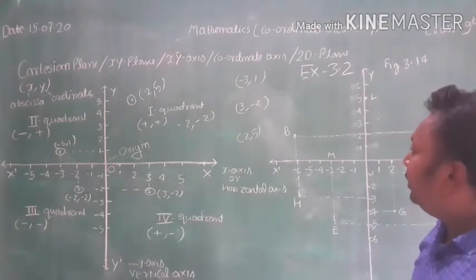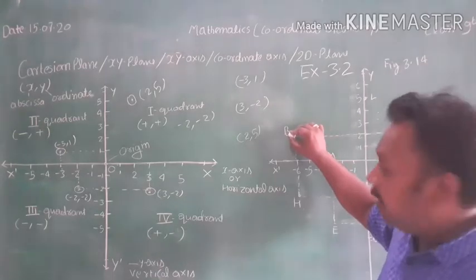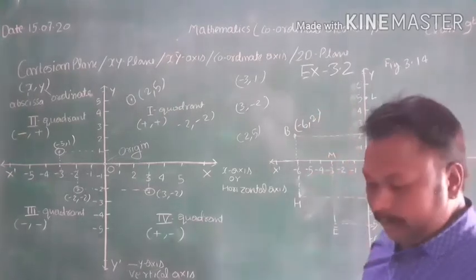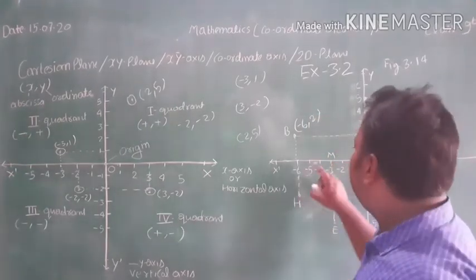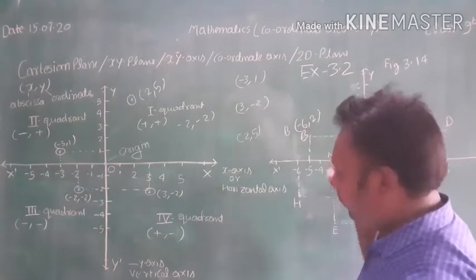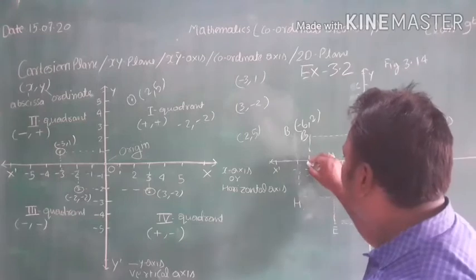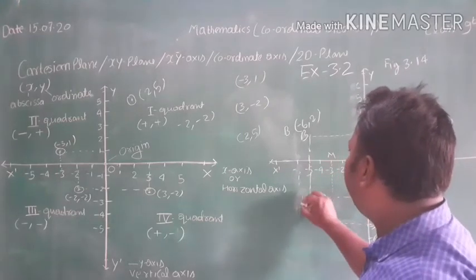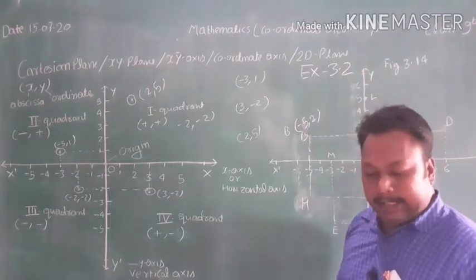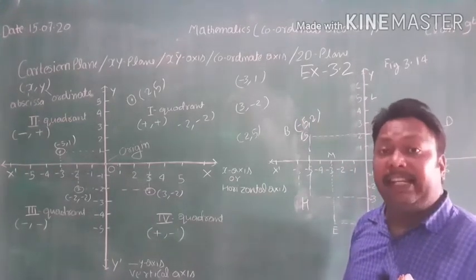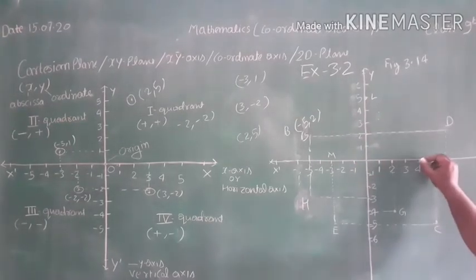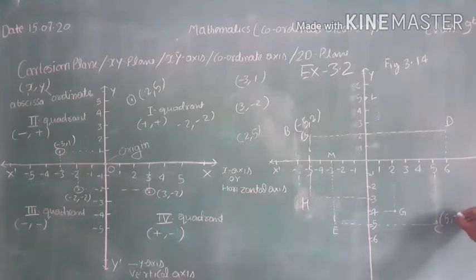The coordinate of B will be (-5, 2). The position is here. Next, the coordinate of point C is (5, -5).